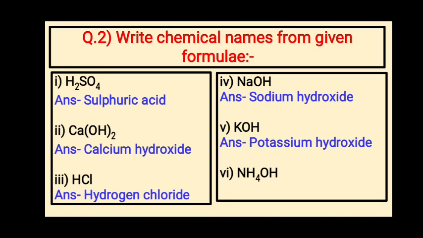The chemical name is ammonium hydroxide. So you have to remember the chemical names. H2SO4 is sulfuric acid. This is calcium hydroxide. Hydrogen chloride or hydrochloric acid. Sodium hydroxide. Potassium hydroxide and ammonium hydroxide.